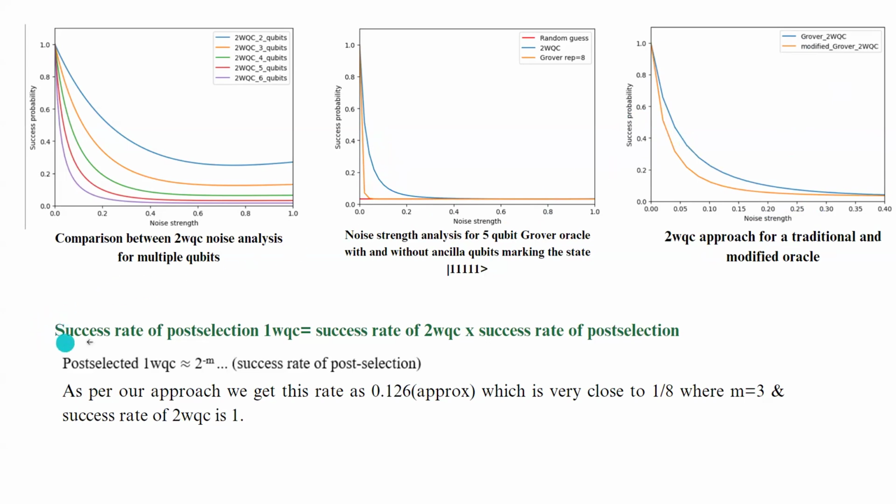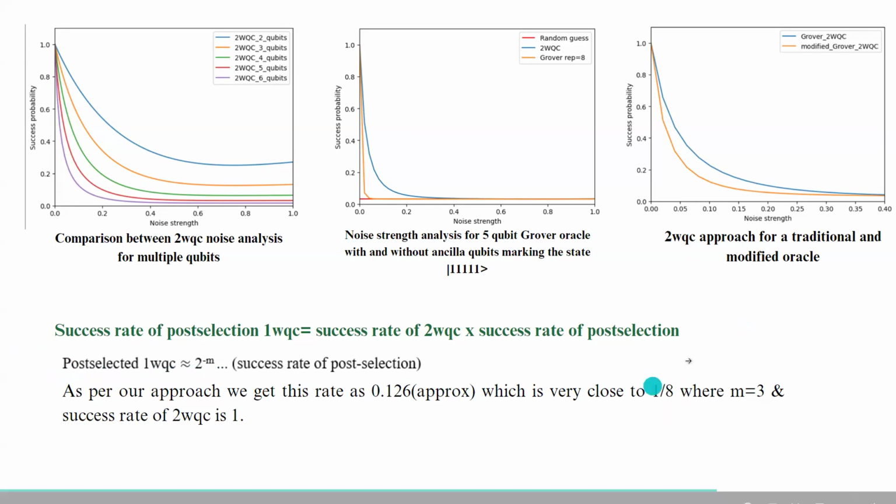And this formula, that the success rate of post-selected 1WQC equals the success rate of 2WQC multiplied by the success rate of post-selection, was proposed by Jarek in his paper. It can be found in the references on the next slide. In this, the post-selection factor is around 2 to the power minus m, in which m equals 3 in our case, with the 3 extra ancillary qubits as post-selected qubits in our 5 qubit circuit.